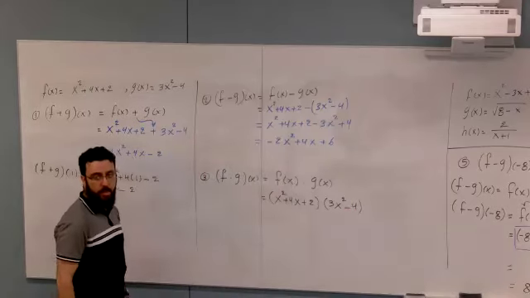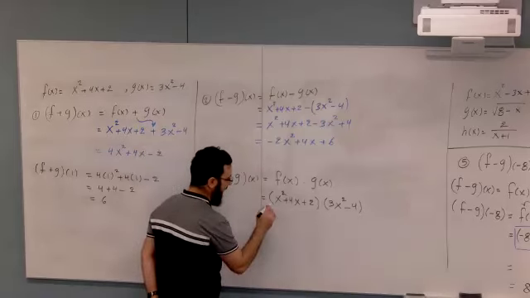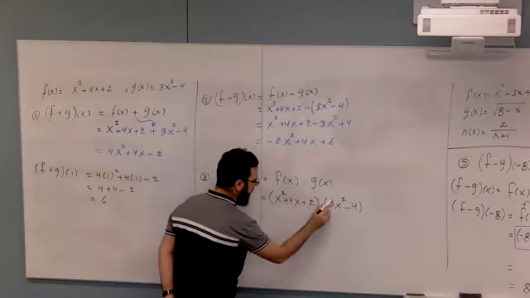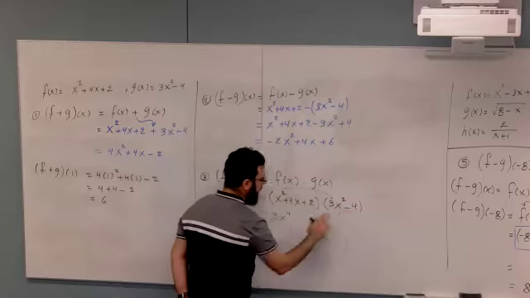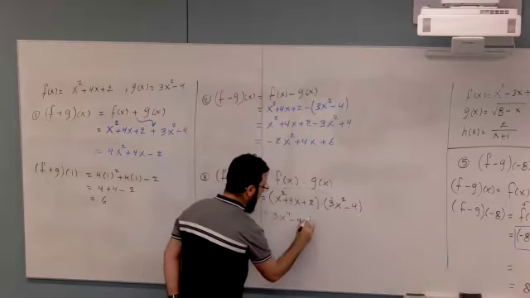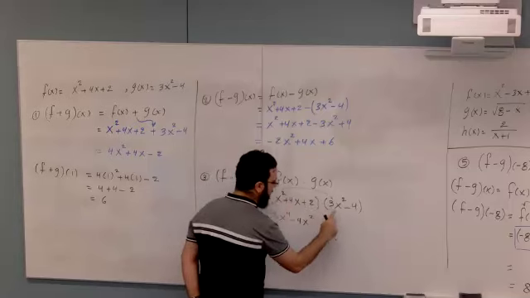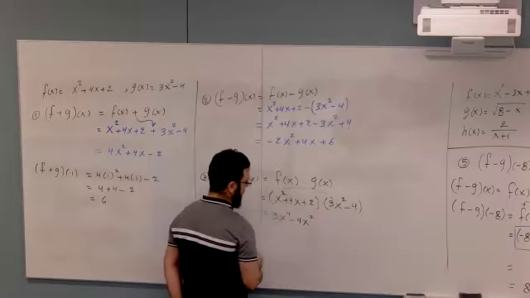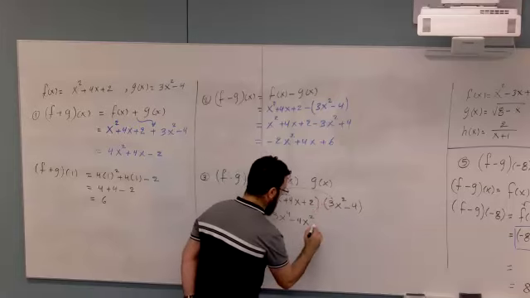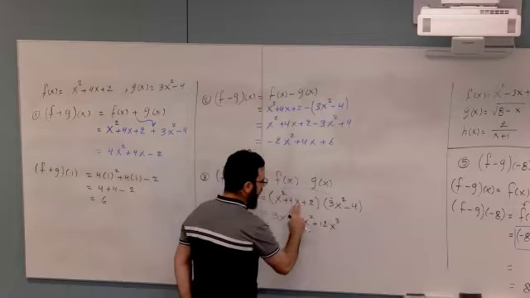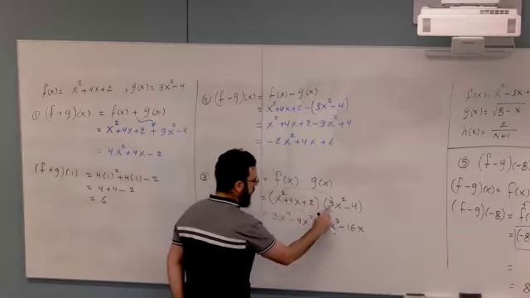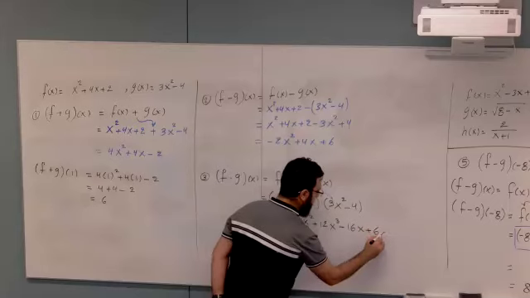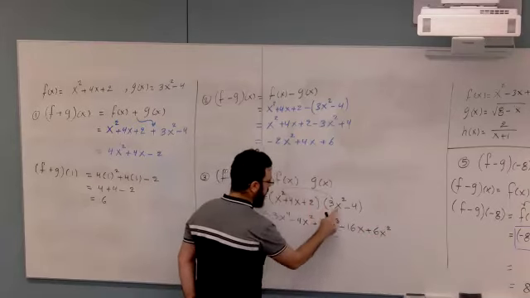Now we have to FOIL everything. x squared times 3x squared, 3x to the power 4. x squared times negative 4, negative 4x squared. 4x times 3x squared is 12x cubed. 4x times negative 4, negative 16x. 2 times 3x squared, 6x squared. 2 times negative 4.